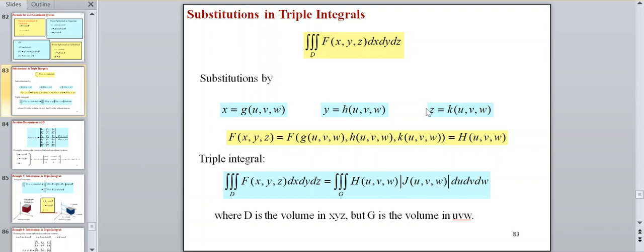You can see here they said we can use this substitution, x, y, and z as functions of three new independent variables u, v, w. But let me explain with a graph what it means.